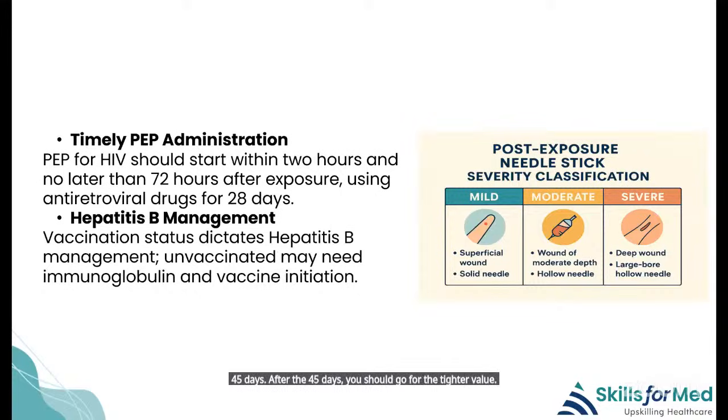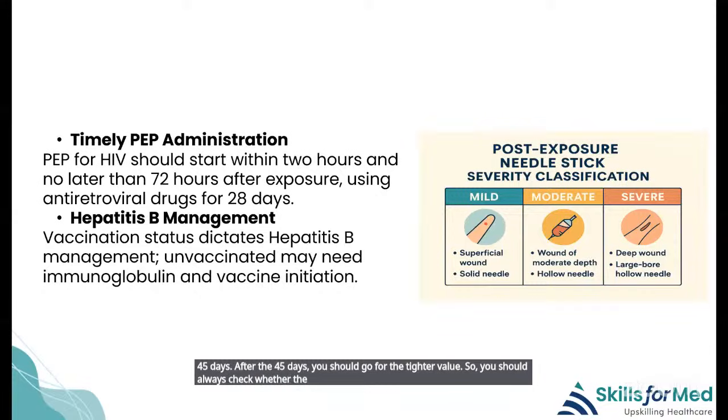You should always check whether the exposed staff is vaccinated against hepatitis B or not. At the time of exposure, you should go for the titer value. If the titer value is less than 10, he or she should be given a booster dose as per the consultant or ID consultant recommendation.